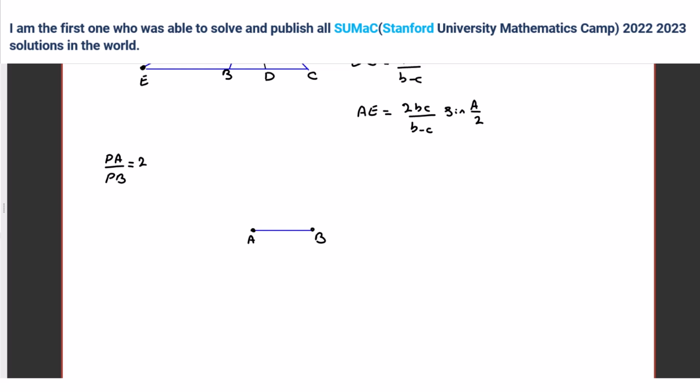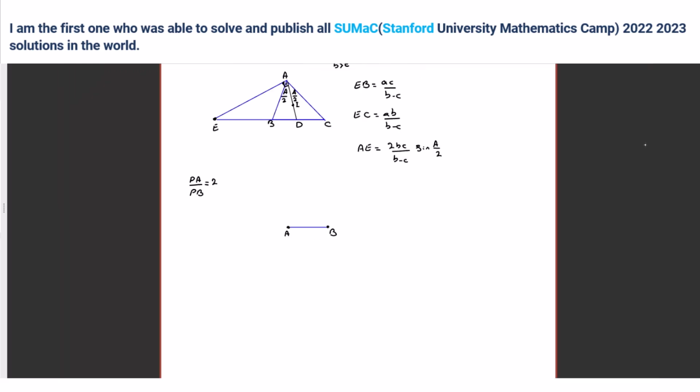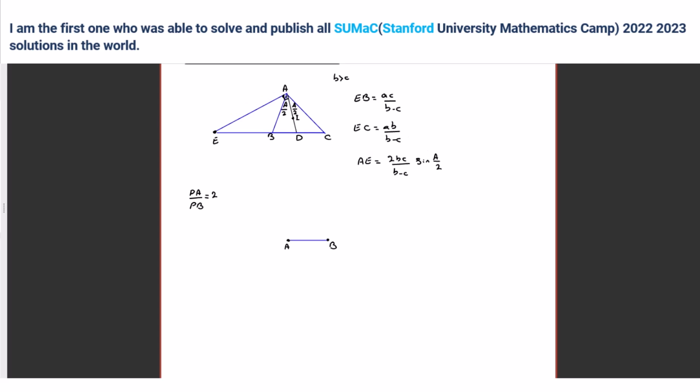Okay, so let me give you a hint here. In this case, if we consider these 2 points, B and C, do you agree that the ratio of distances of D from B and C, of A from these 2 points, and of E also, are all equal, right? Mm-hmm.